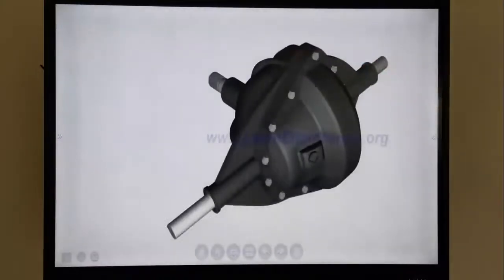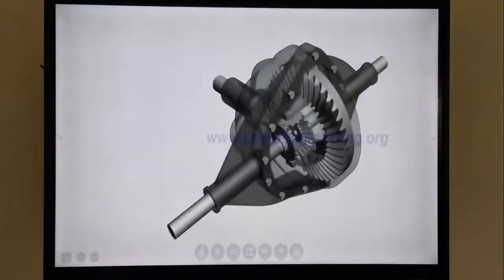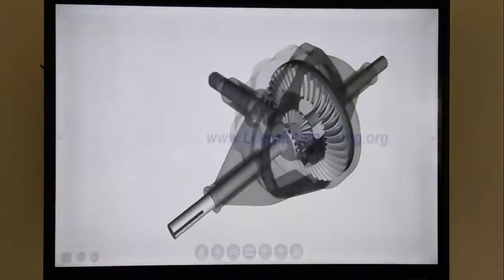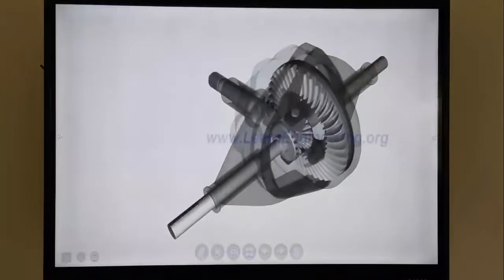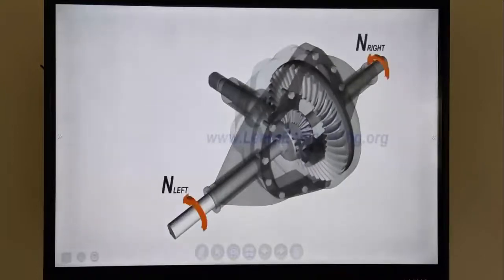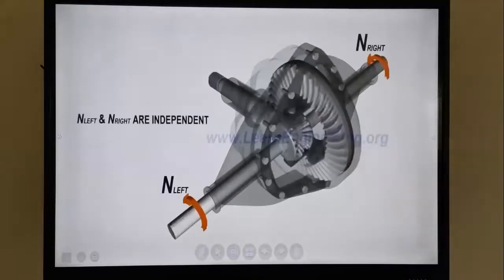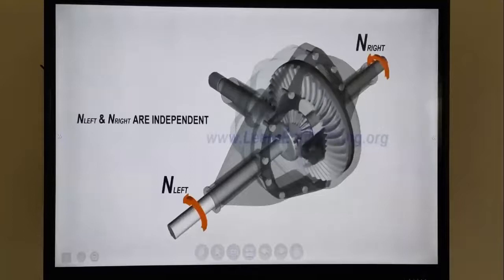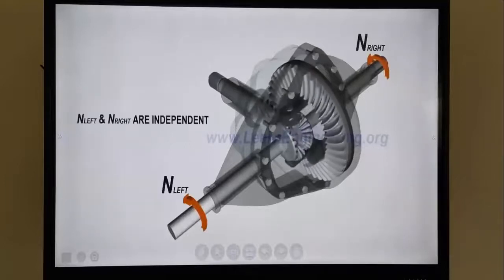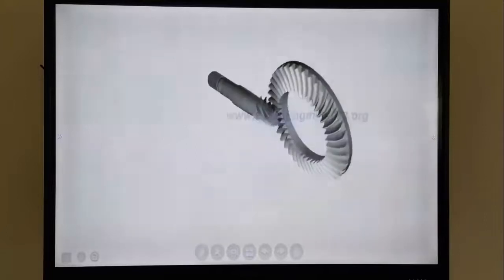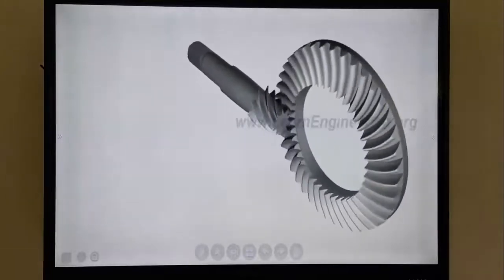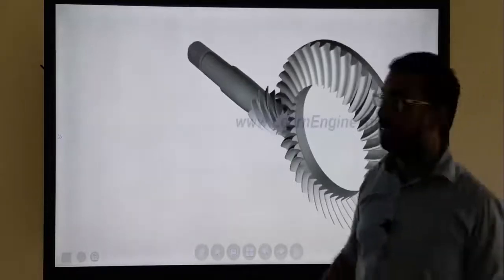So let's see what is inside this differential and how it works. Left and right are separated here, so the right and left are independent. Here we already studied the propeller shaft.